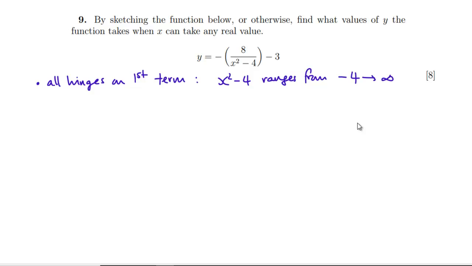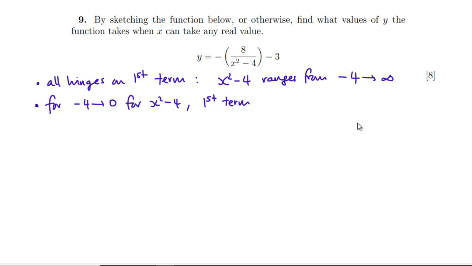So let's split this up into chunks. For x squared minus 4 from -4 up to 0, what will the first term vary over?